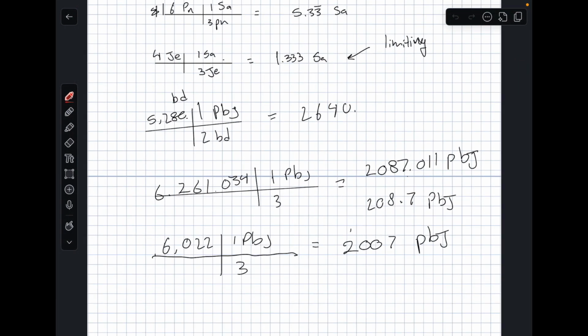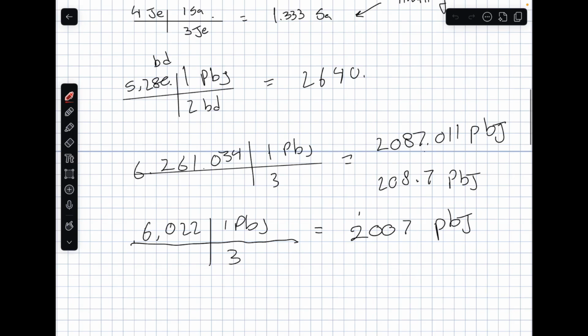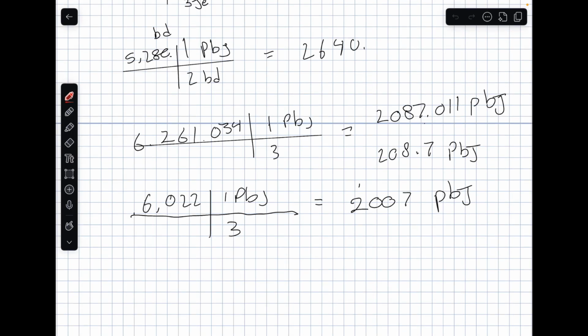Okay, so I've actually already solved this one, but I will explain it. So we have 5,280 breads. We're going to say that for the equation that we had on the previous slide, we have 2 breads for every 1 PBJ.